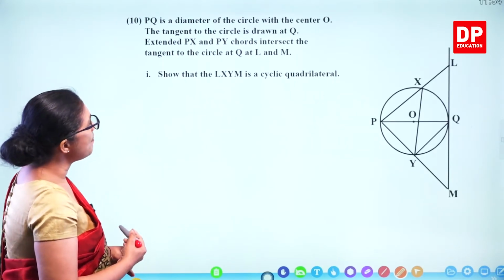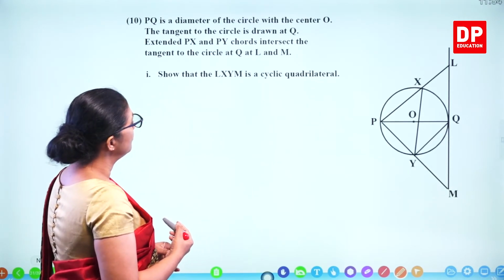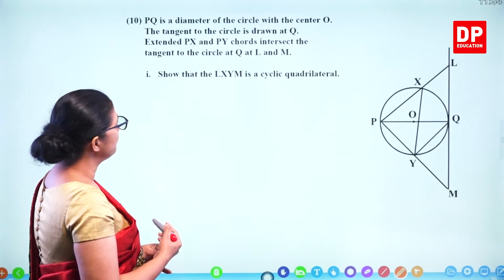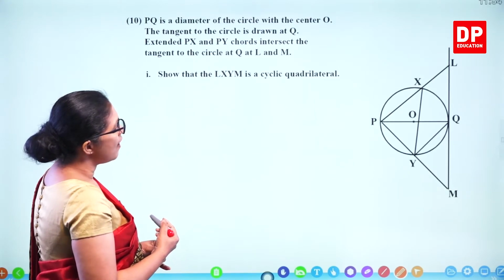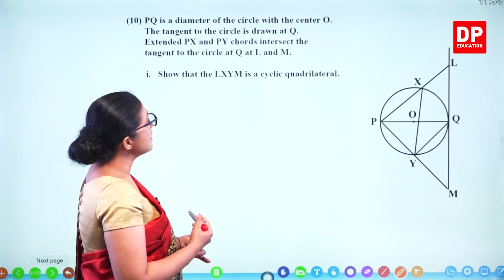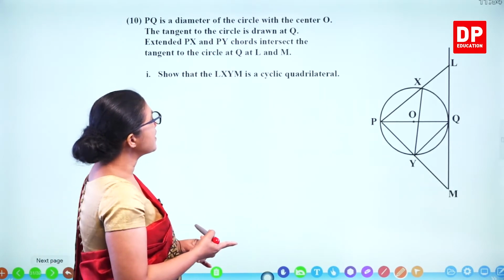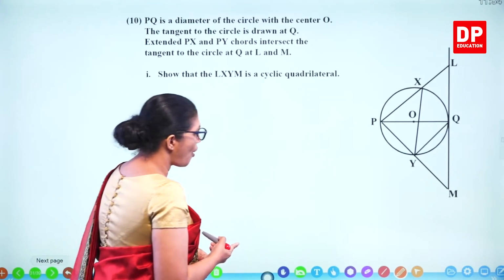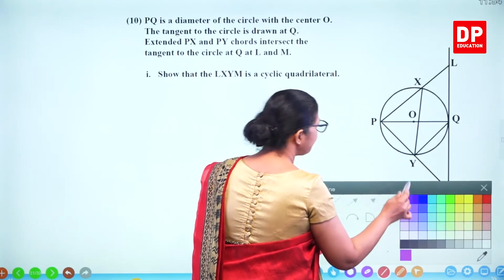PQ is a diameter of the circle with the center O. The tangent to the circle is drawn at Q. Extended PX and PY chords intersect the tangent to the circle at Q at L and M. Show that LXYM is a cyclic quadrilateral. So we'll draw that part.